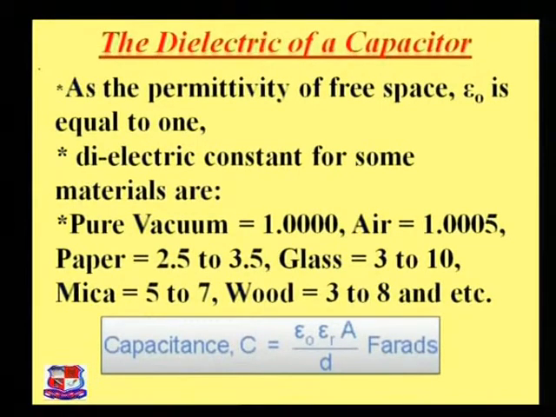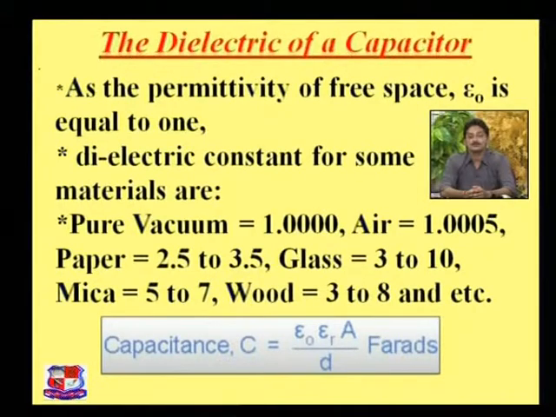Different insulating materials have different values of permittivity. Here we show the permittivity of some insulating materials. Pure vacuum has a permittivity of exactly 1. Air is approximately 1, so it is generally taken as 1. Paper has a permittivity in the range of 2.5 to 3.